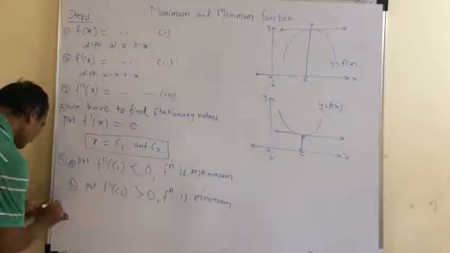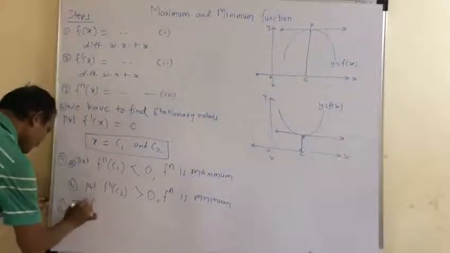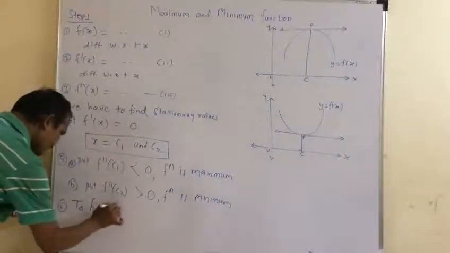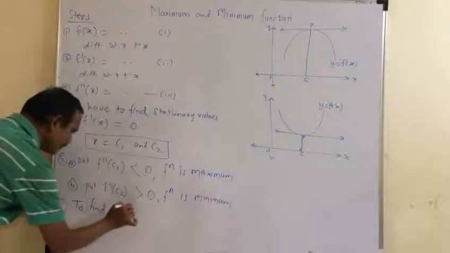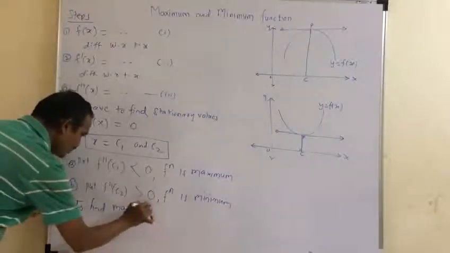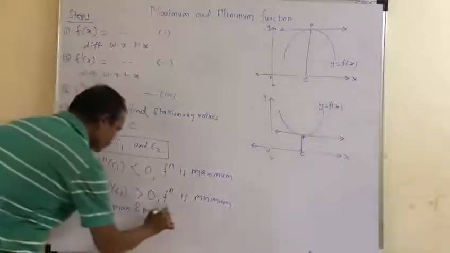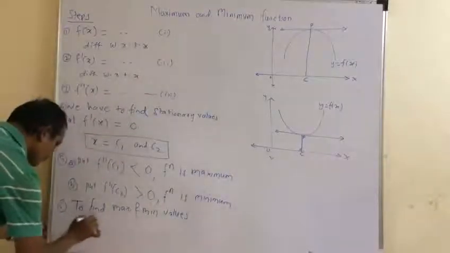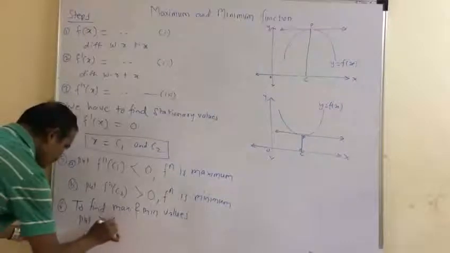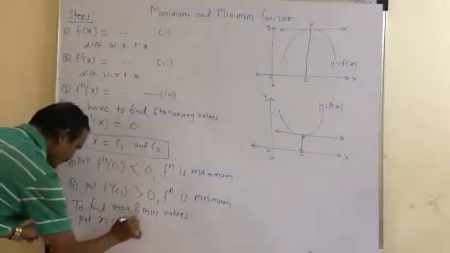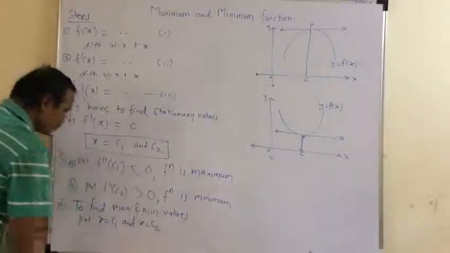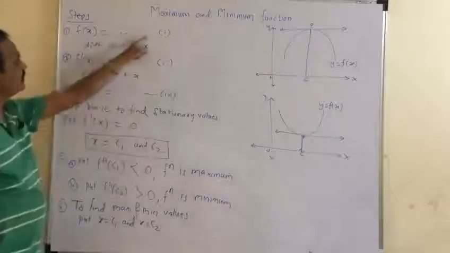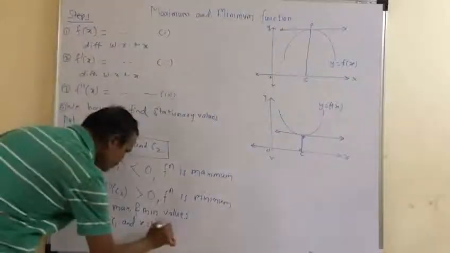Now to find maximum values and minimum values, we put these values in equation first. So last, to find maximum and minimum values, we put x is equal to c1 and x is equal to c2 in equation first.